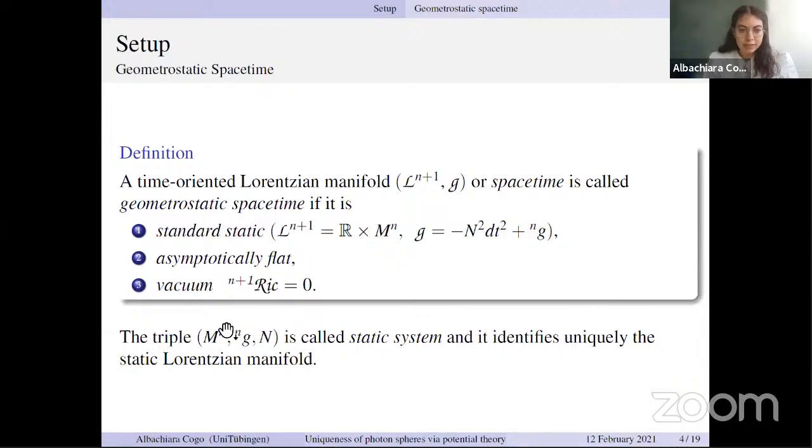And clearly the triple given by the Riemannian manifold and the lapse function, which is called the static system, uniquely identifies this spacetime. And I'm going to use the static Einstein equation then, which actually corresponds to the Einstein equation, but written only in terms of this Riemannian manifold and this lapse function.